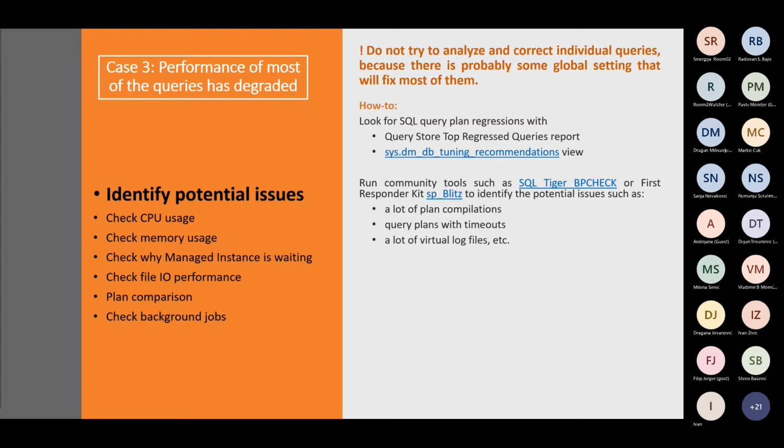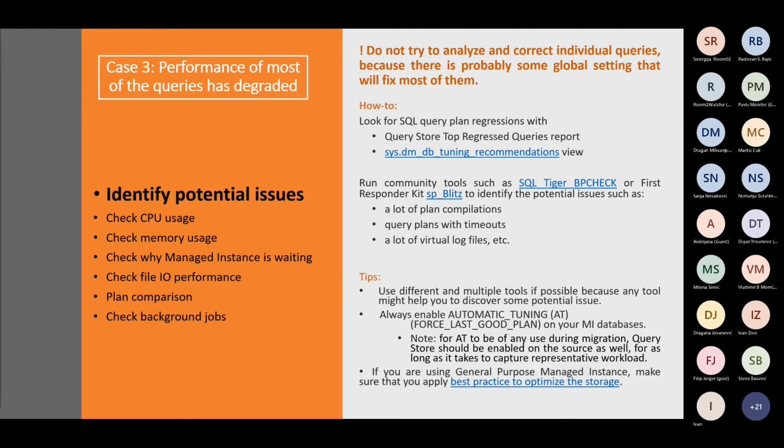You can also run some community tools to identify the potential issues, such as a lot of plan compilations, query plans with timeouts, a lot of virtual log files, etc. So what you should do is try to use different and multiple tools if possible, because any tool might help you to discover some potential issue.